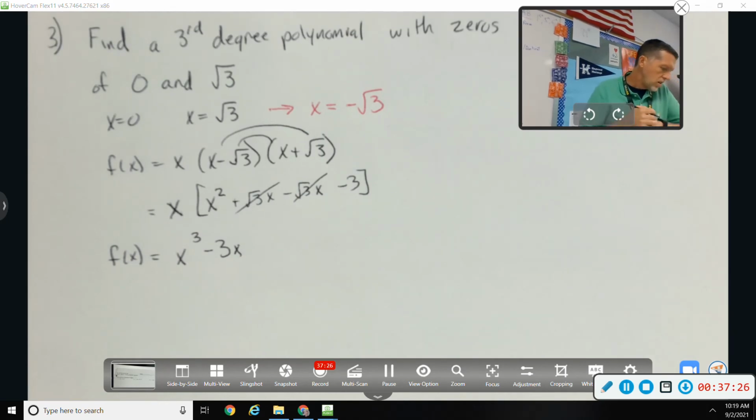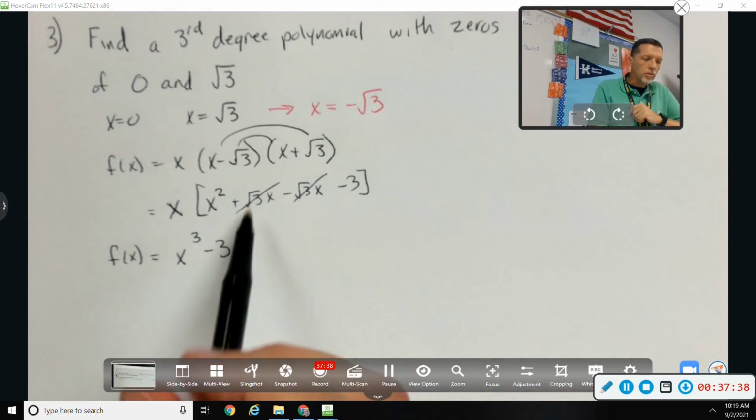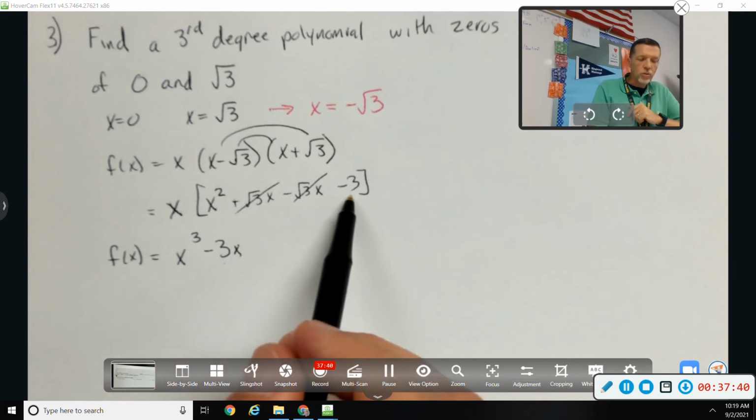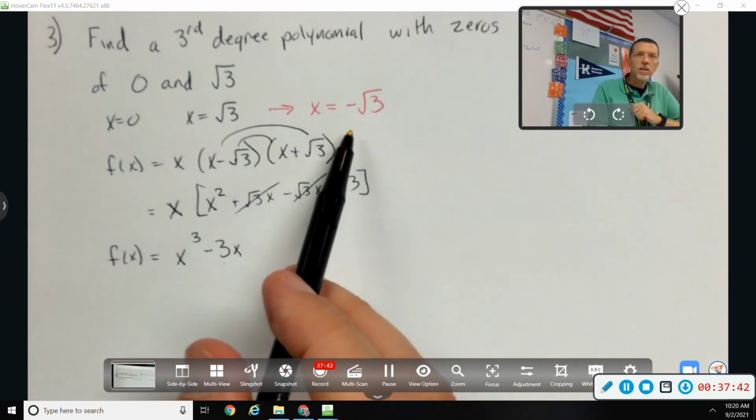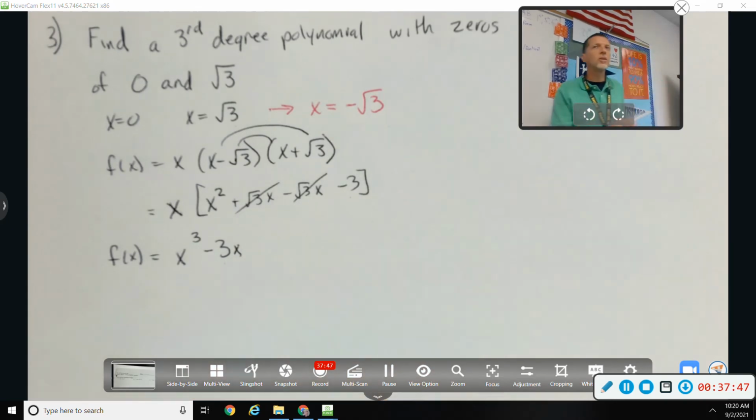Would you ever give us x cubed minus 3x and tell us to find the zeros? Yes, I could do that, because you would factor out an x first, and then you wouldn't really factor what's left, but you could use the square root method to come up with 2. So the question was, would I ever give you this and ask you to find the zeros? Yes, for that one. Generically, would I give you a higher power polynomial and ask you to find the zeros?